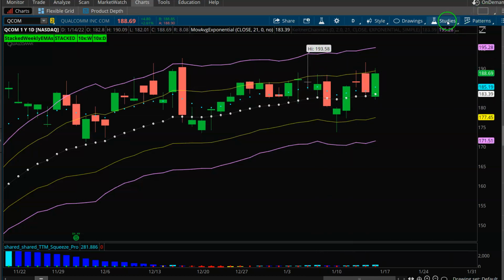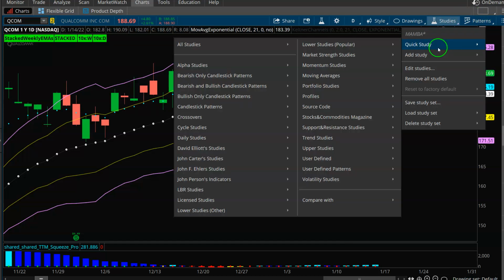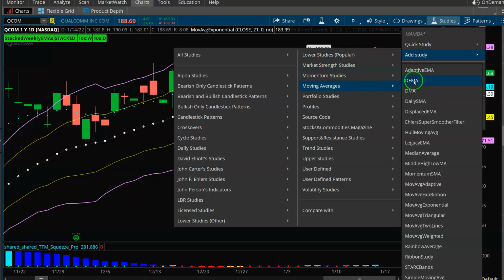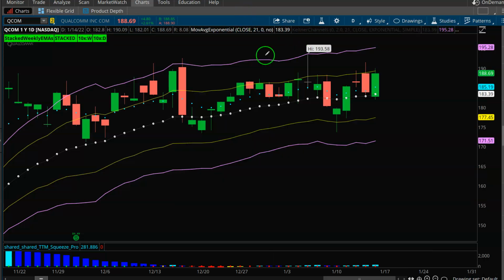So the first thing we need here are the exponential moving averages. You're going to want to go to studies, add study, and then come over to moving averages and find moving average exponential. Click on that and do it again, so you put 2 of them on your chart.